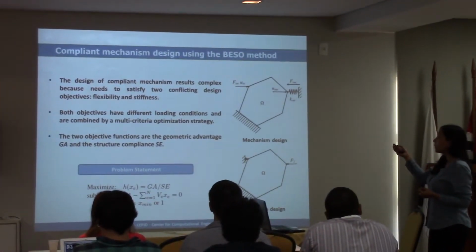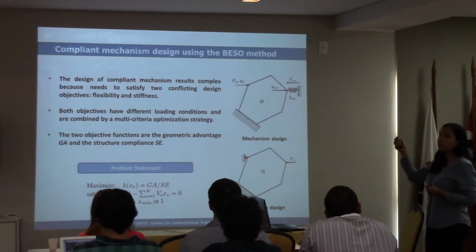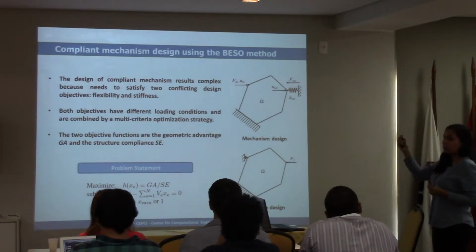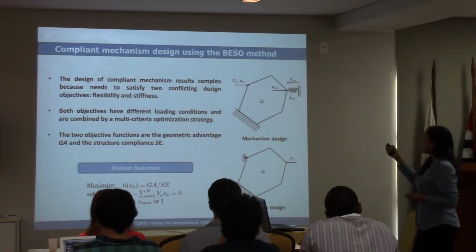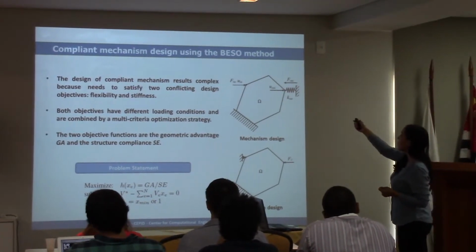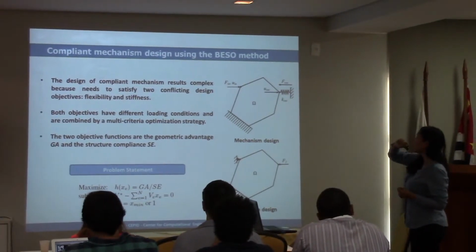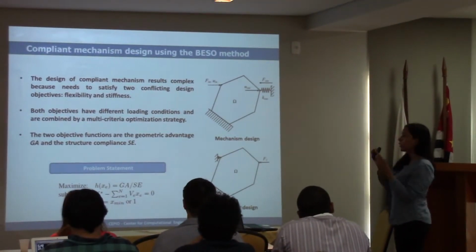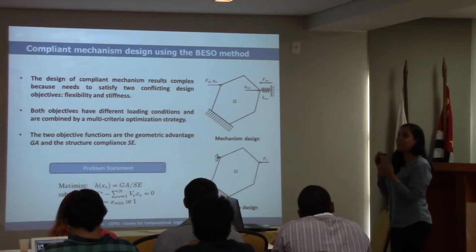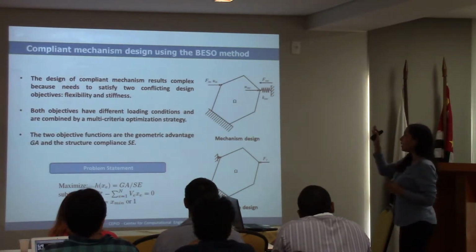The first one we call mechanism design, which accounts only for displacements. The idea here is to maximize displacement, and we include this value here, Kout. It's like we put a spring at the end.